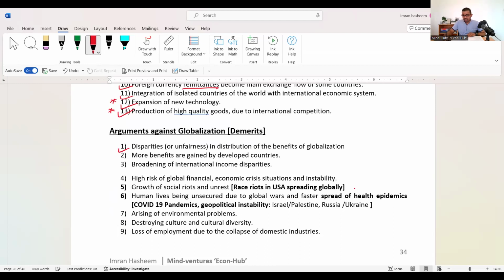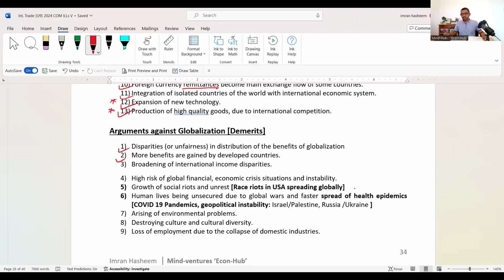So the first and the second points are interconnected there. Broadening of international income disparities. Right now, the world has been talking about this phenomenon called globalization. Basically, once the world somewhat recovered after the Second World War, for at least the past 50 years or more, we have been talking about it.